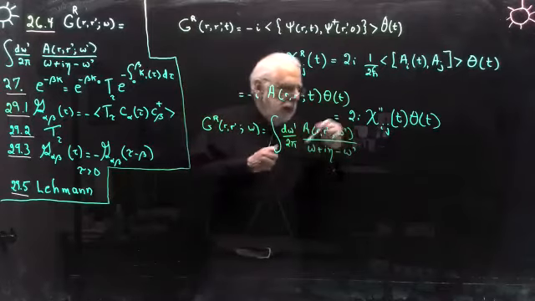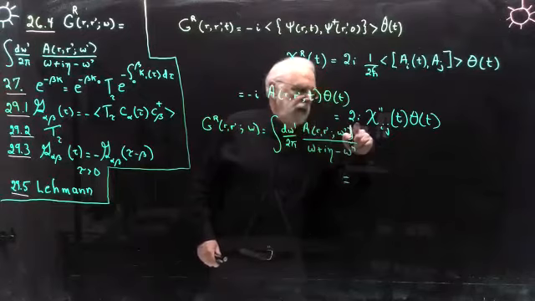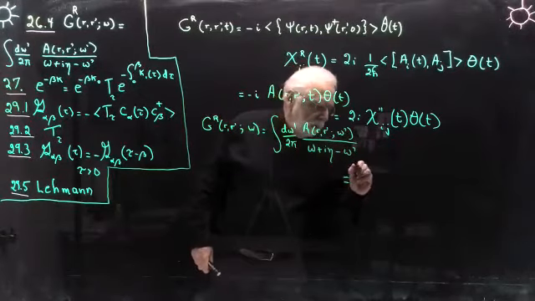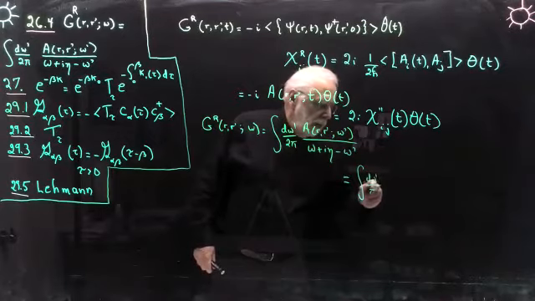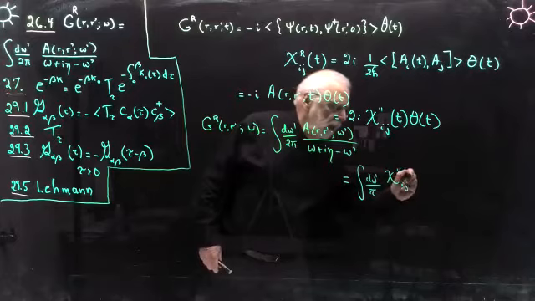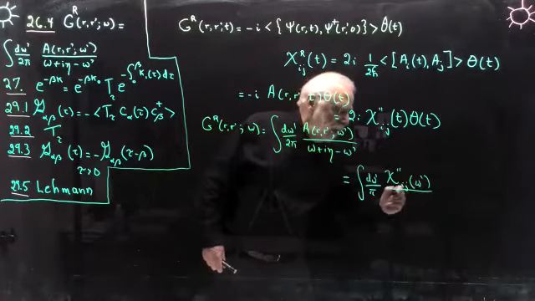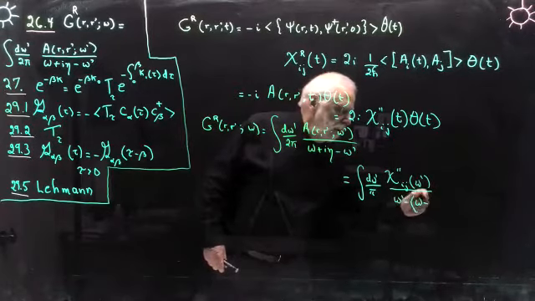And you should compare this with this here, which in this case was equal to the integral d omega prime over pi of chi double prime A_ij of omega prime divided by omega prime minus omega plus i eta, right?